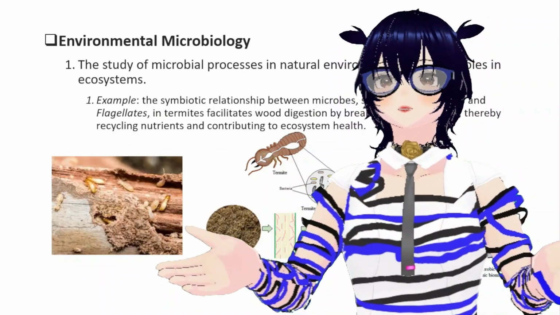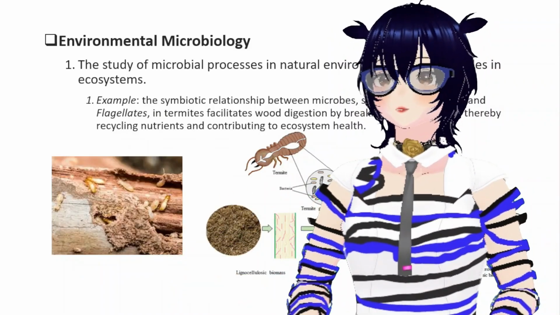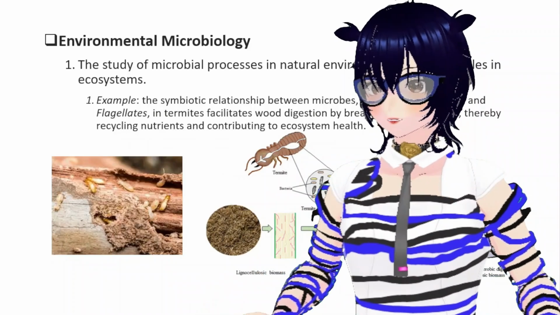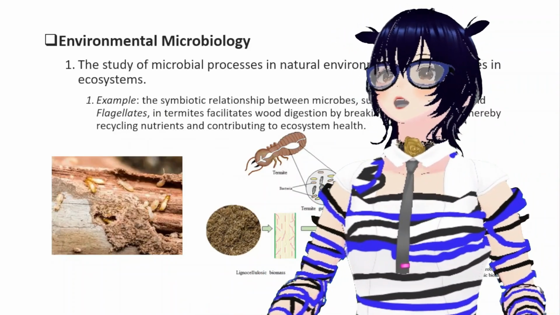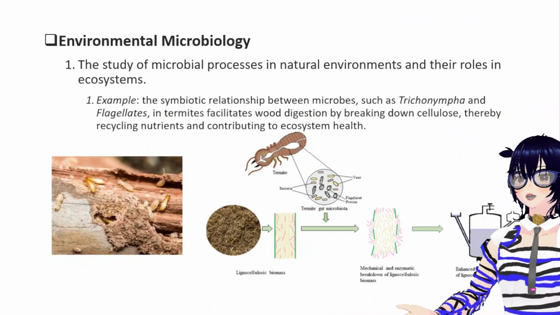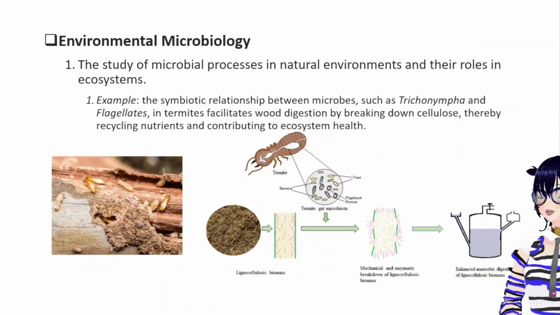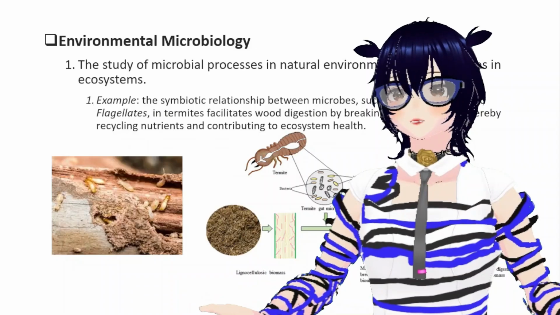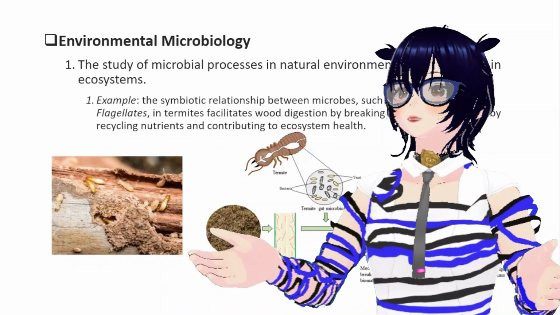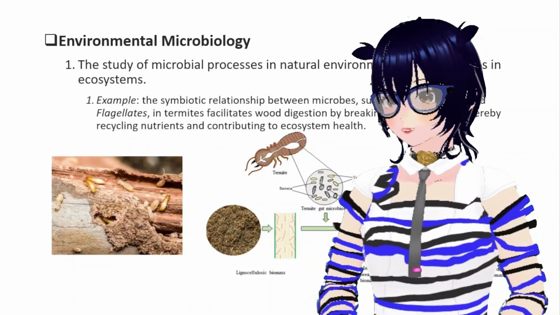So here, see, there is symbiotic relationship. Symbiotic relationship is actually a relationship where both parties are benefited. It's not like parasitic relationship where one body is harmed and another is benefited. Okay, there are microorganisms like trichonympha and flagellates, and they live in the gut of the wood-eating mites.